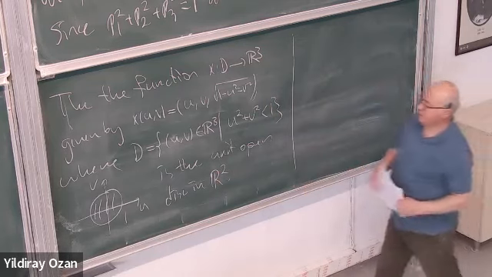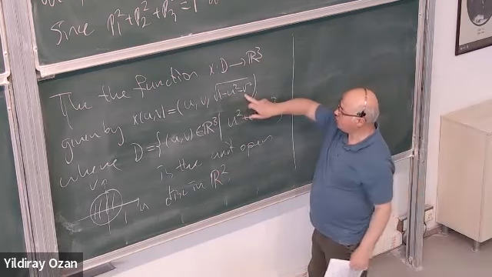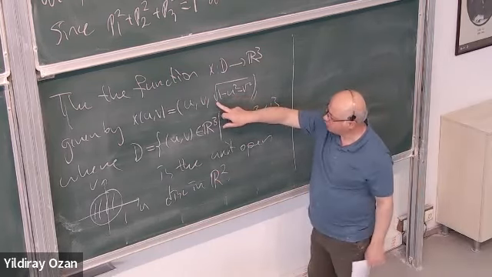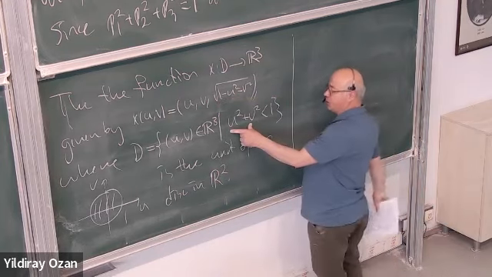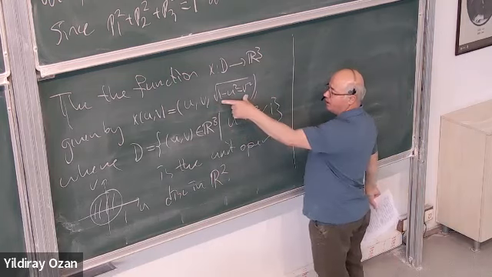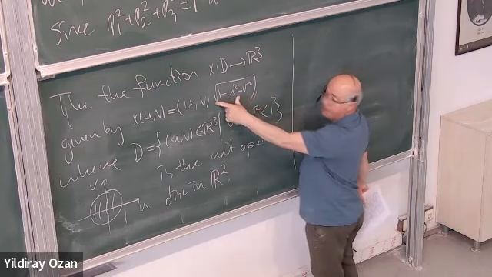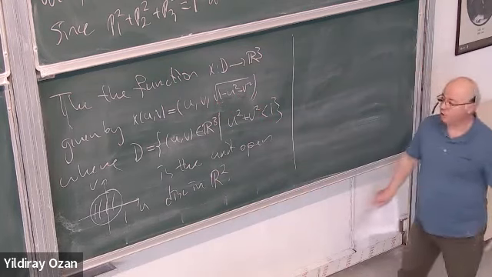Well, you see that this coordinate is positive. I mean, the square root of this expression, since u squared plus v squared is less than 1, is a positive number, and here I take the positive square root.